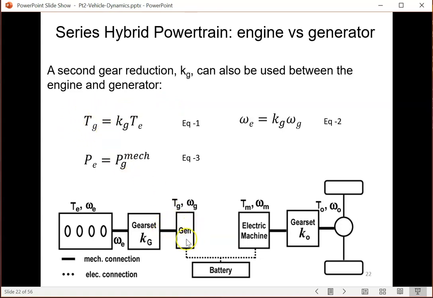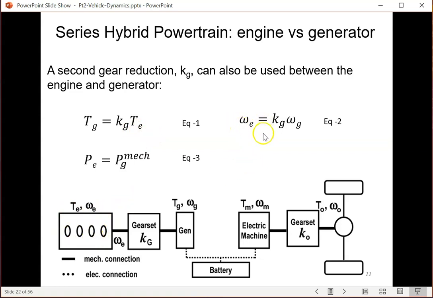Therefore, because of that gear set, at the generator side, the input to the generator is the mechanical motion, the torque and the rotation, because it's driven by the engine. The output of the generator will be electrical power. So on the input side, you will have a torque equal to kg, the gear ratio, times the torque output from the engine.